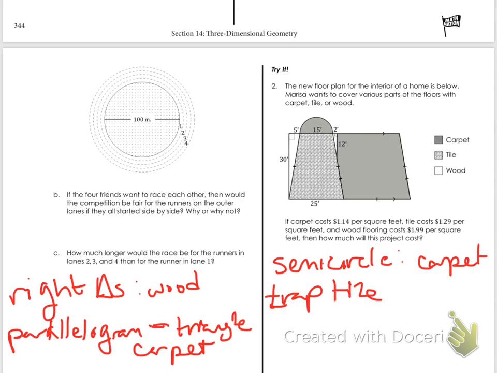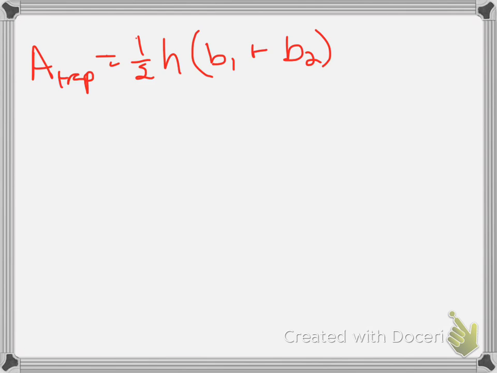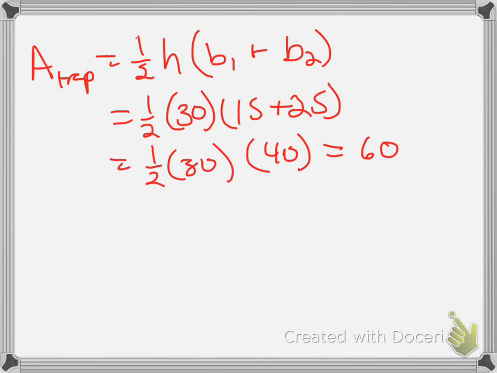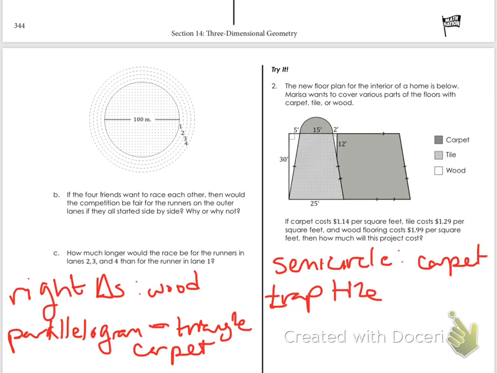All right. So the height is going to be 30, and the 2 bases are going to be 15 and 25. So that's 1/2 times 30 times 40, which is going to be 600 square feet. Okay? So now the trapezoid is the only area that is tile.